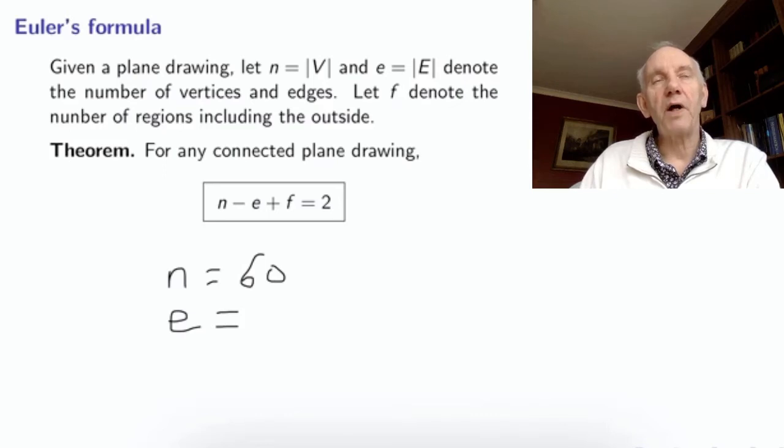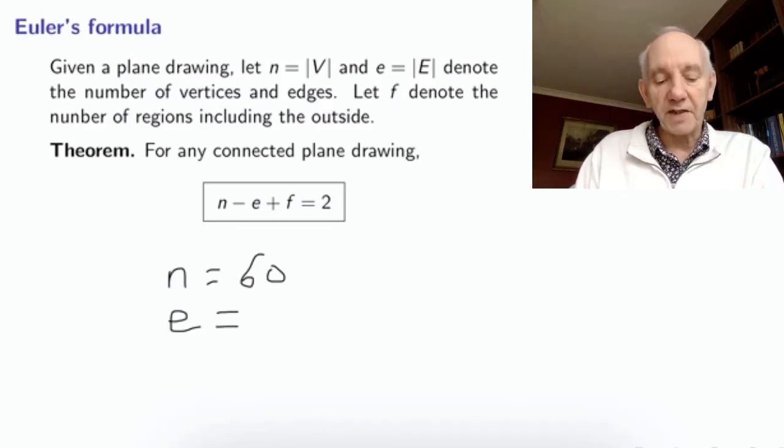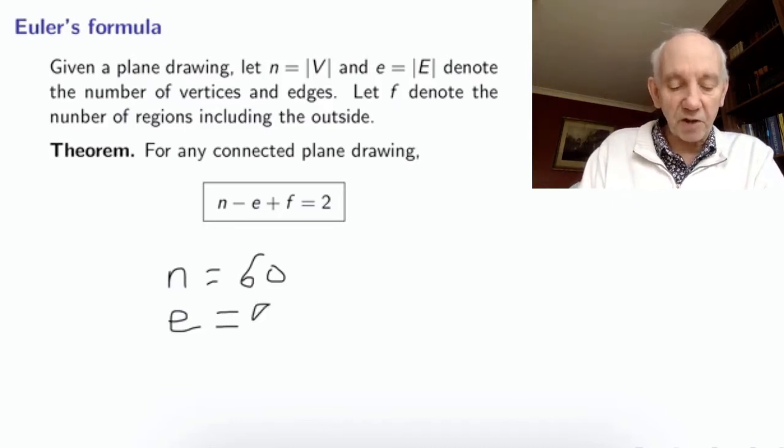20 times 6 is 120, and you add those together, that's 180, but you have to divide it by 2 because each edge gets counted twice. So the number of edges is actually 90, and the number of faces, well, I told you that there are 12 pentagons.